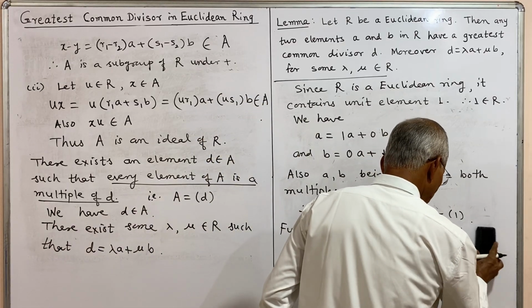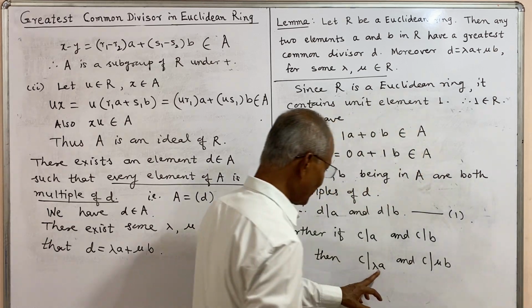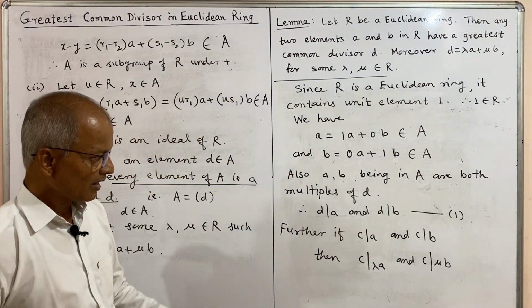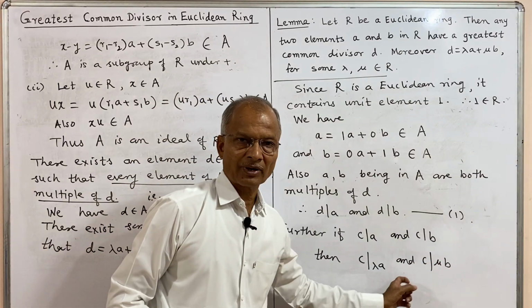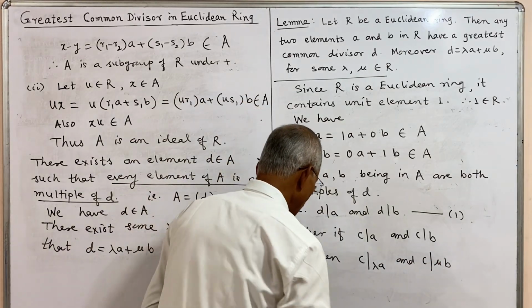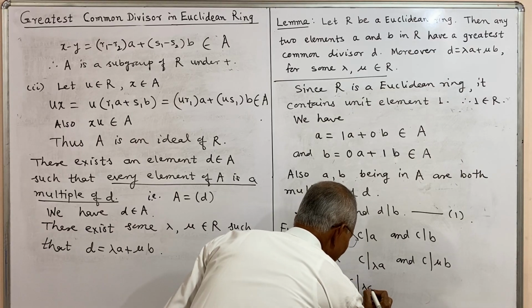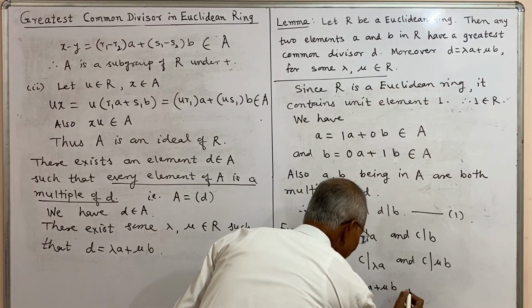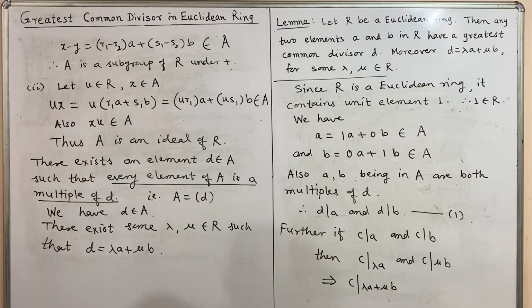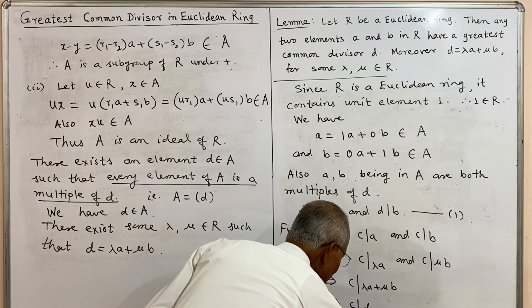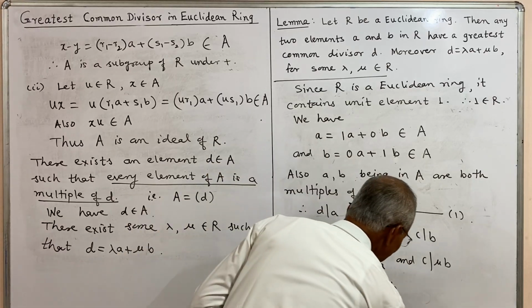And since C divides lambda A and C divides mu into B, C divides their addition, lambda A plus mu B. But what is lambda A plus mu times B? That is D. And this implies C divides D, and this is our second result.